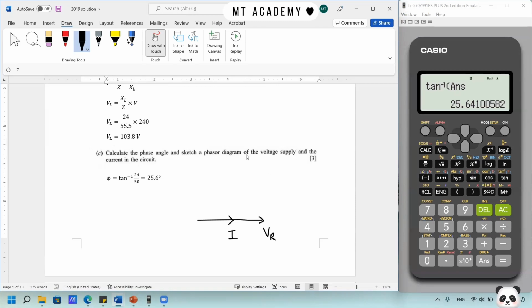Actually you can just draw the voltage supply and the current, but this is for the full illustration. The voltage across the inductor is leading by 90 degree, and the voltage supply will be the resultant vector here. The angle that we have calculated is 25.6 degree. So in short, we can conclude that the voltage supply is leading the current by 25.6 degree.